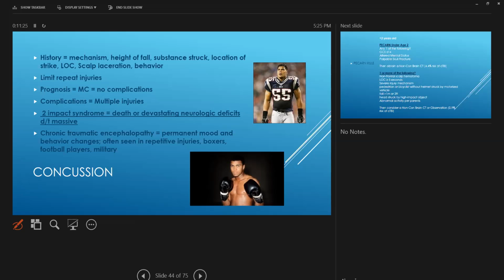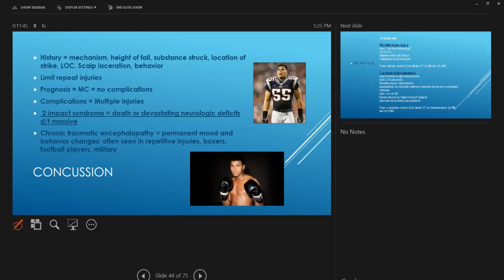Repeated injuries, we want to know about those. The most common prognosis is really no complications. However, if they've had multiple injuries and multiple concussions, then they're more likely to have devastating neurologic defects like extreme depression.